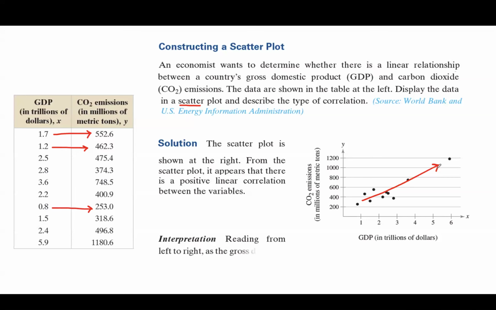Reading from left to right, as the gross domestic product increases, the carbon dioxide emission tends to increase as well. That's the analysis behind the scatter plot here. For better visualization, we could collect more data and have a better scatter plot.